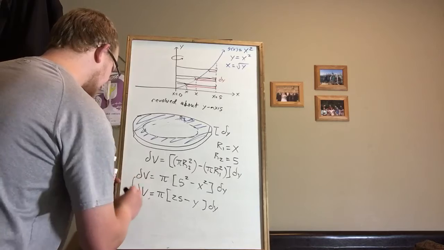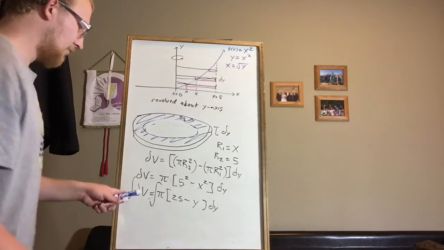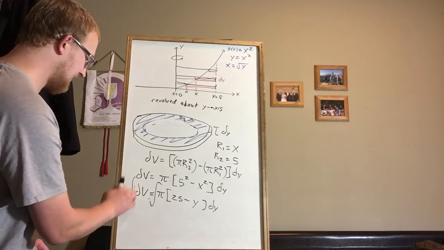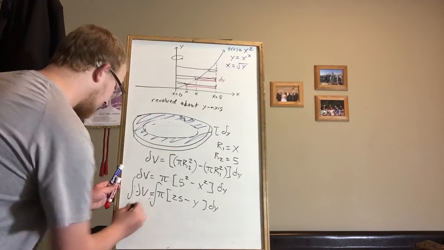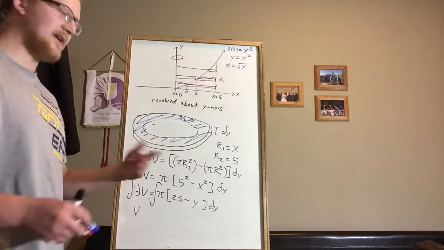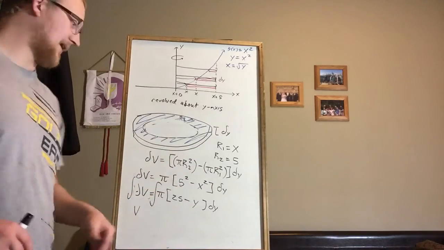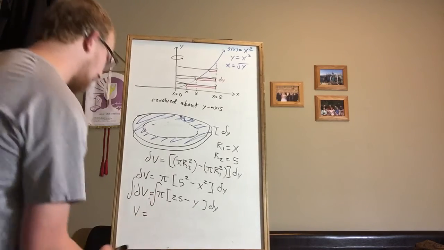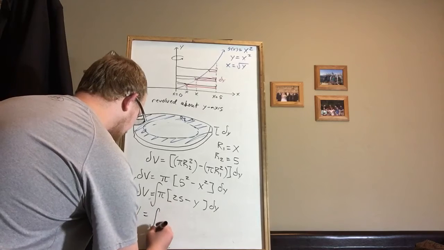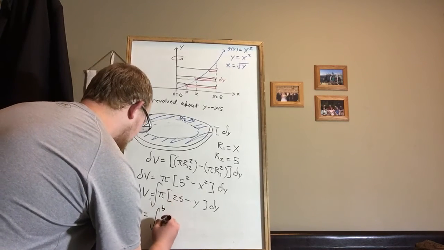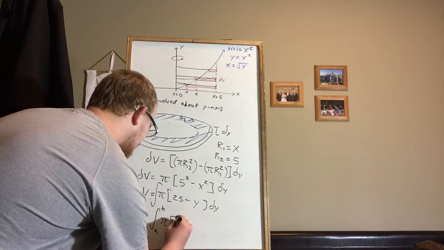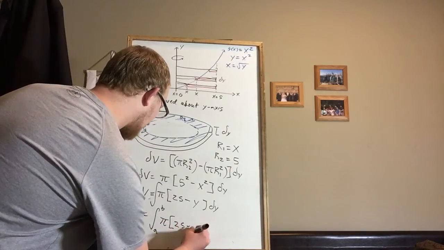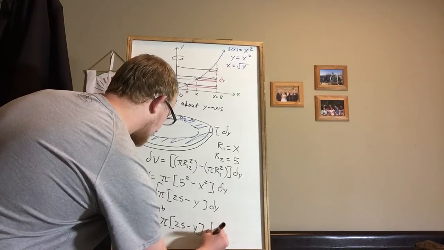So the next step is to take the integral of both sides. Well, the integral of 1, because there's a little invisible 1 in here, with respect to dV, is just V. Because the integral of 1 dx would be just x, so the integral of 1 dV would just be V. So that's the volume that we're looking for. And now we're integrating from a to b this function pi times (25 minus y) with respect to y.